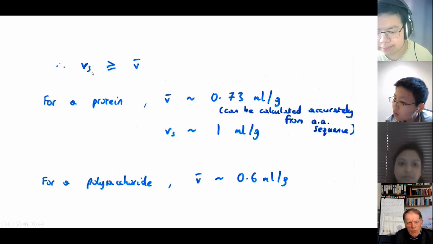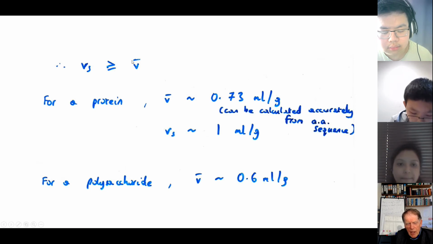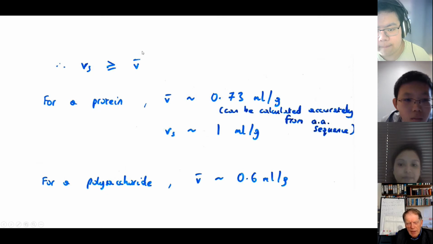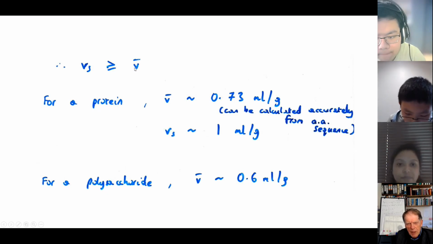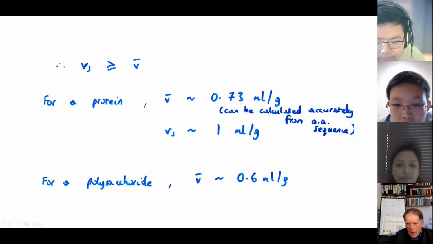So the swollen specific volume is greater than or equal to the partial specific volume, which refers to the dry particle. And how much bigger it is depends on the type of molecule.